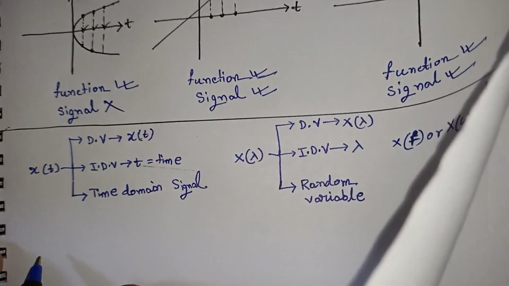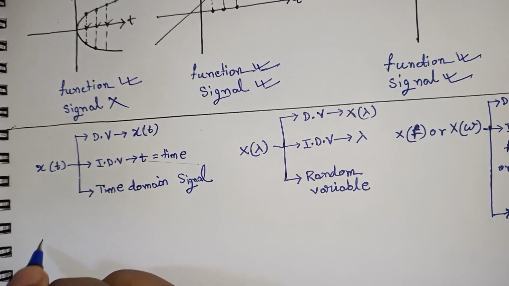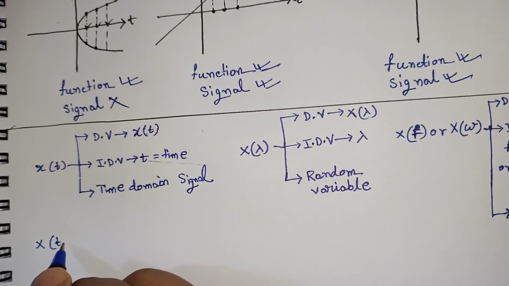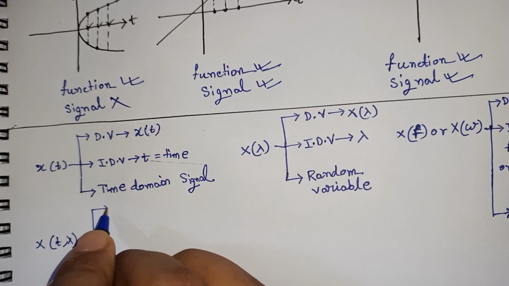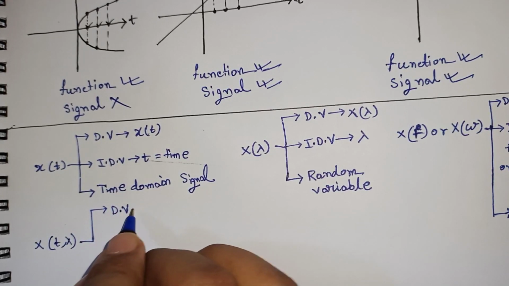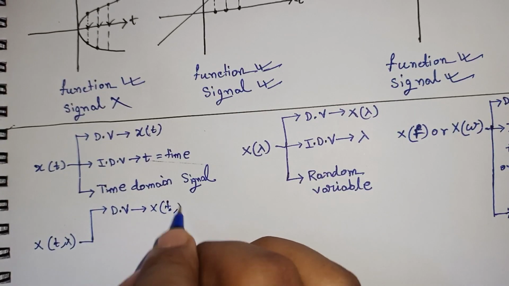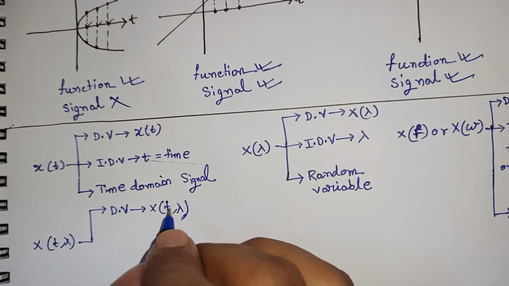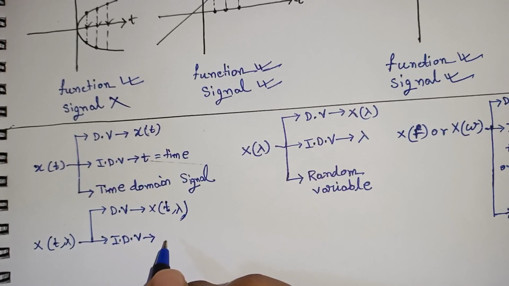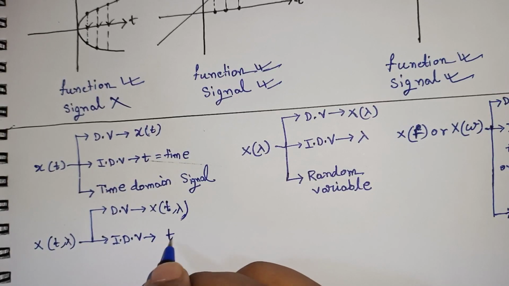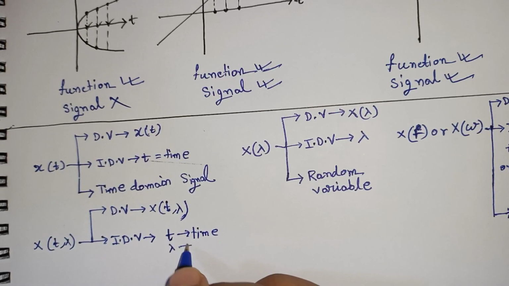Another type is x(t, lambda). t is time and lambda is space. Here, the dependent variable is, tell me, it is x(t, lambda). Tell me the independent variables. Here, the two independent variables are time and space.